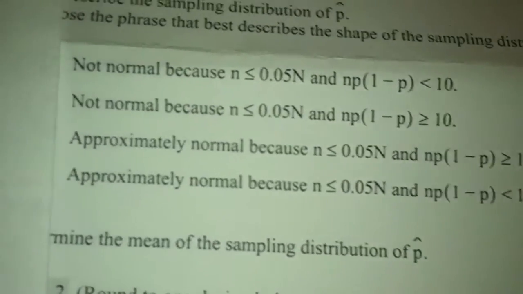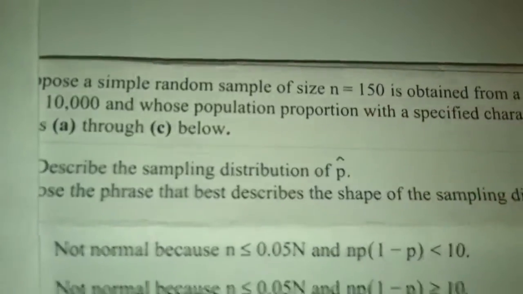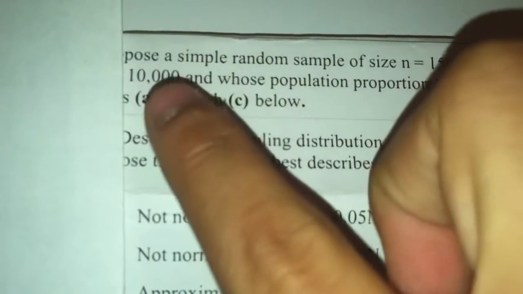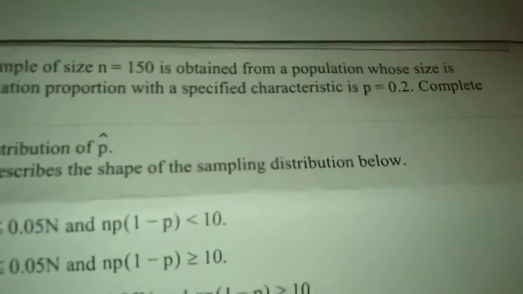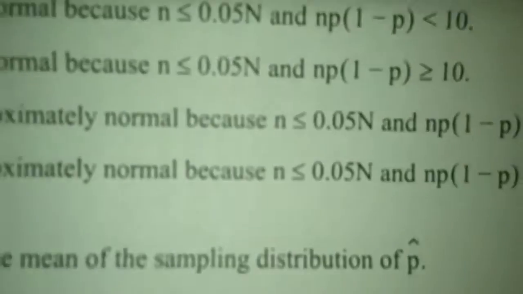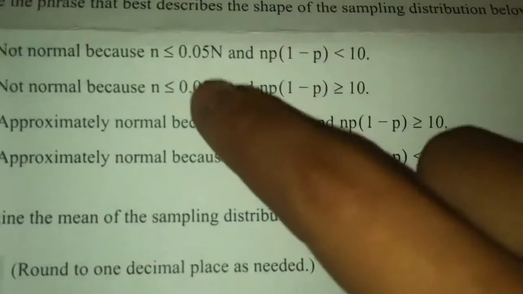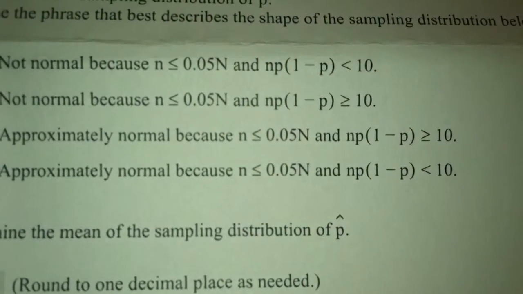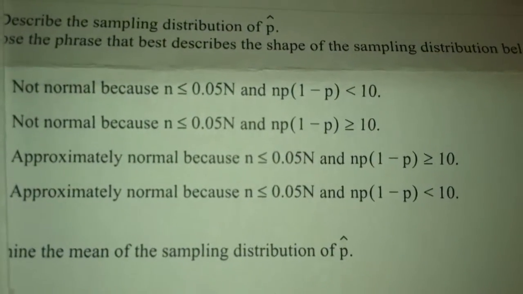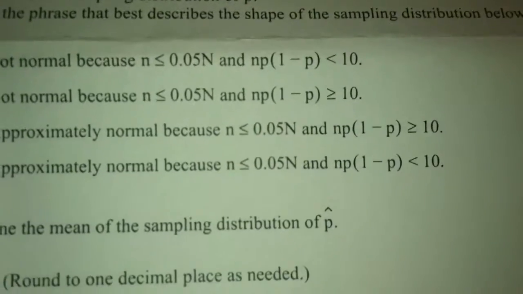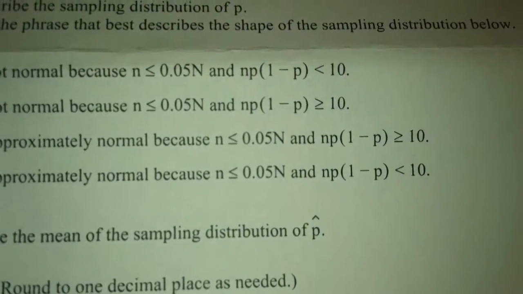First we have to plug in the lowercase n, which is this one, and the capital N, which is this one. And for the p, it's going to be 0.2. So we plug that into both of these equations, and from there we'll be able to determine if it's approximately normal or not normal based on those results.